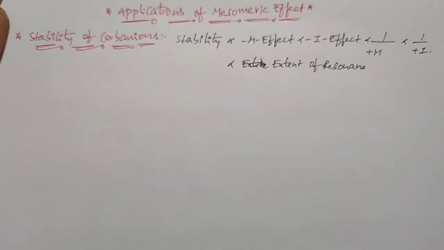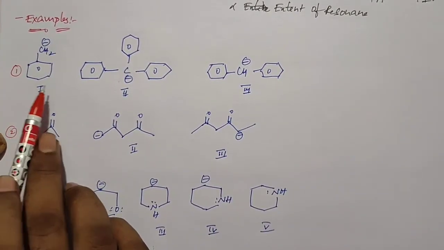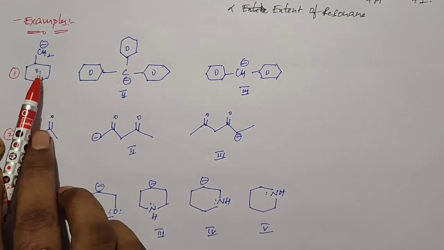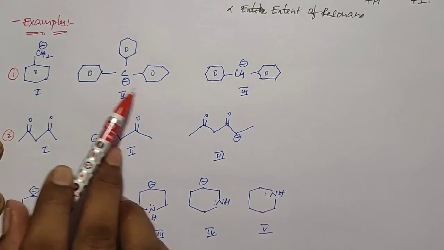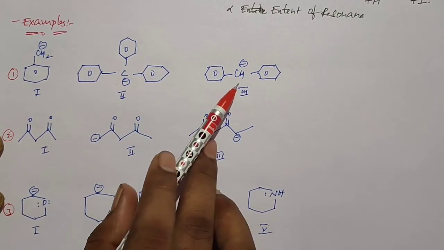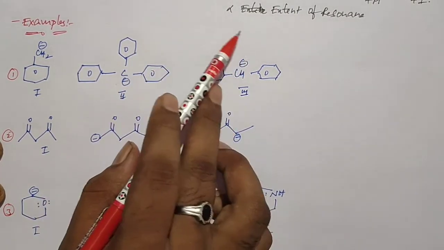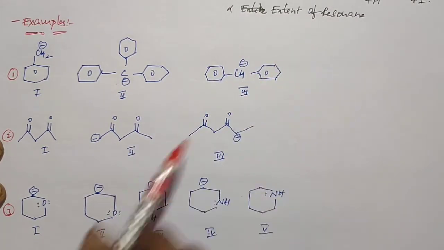So here we just see some examples. Okay students, this is example 1. In this example, we have 3 compounds: benzyl carbanion, triphenyl carbanion, and diphenyl carbanion. Here the stability of carbanion is directly proportional to extent of resonance.